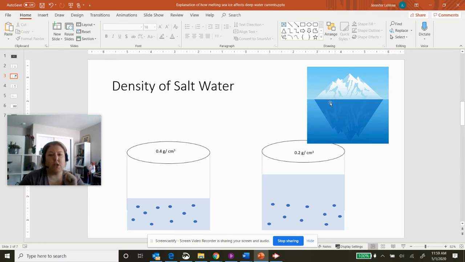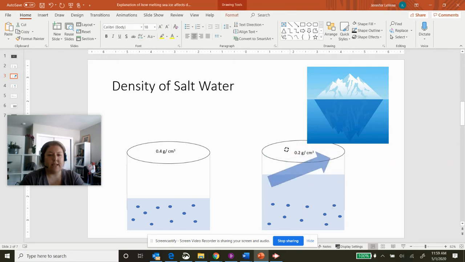So if we're in the Arctic and the water is cold enough to freeze, it's going to build icebergs or sea ice. It's going to take the water, say in this container, and form the iceberg.